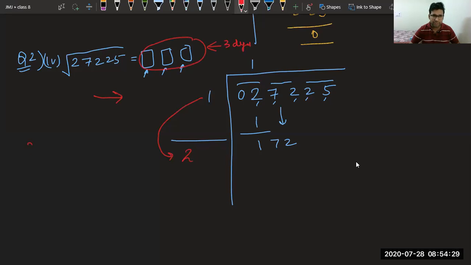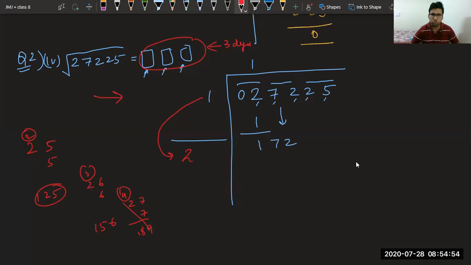Let us check this side. If I take, suppose, 5 and 5, I will get 125, which is less than 172. If I take 6 and 6, 6 6s are 36, 12 plus 3, 15. If I take 7, 7 7s are 49, 189.